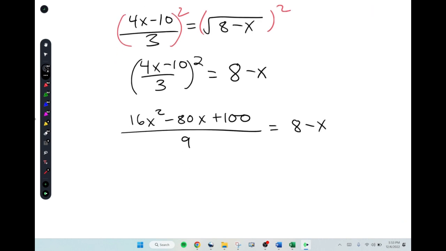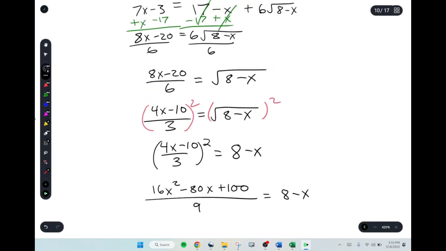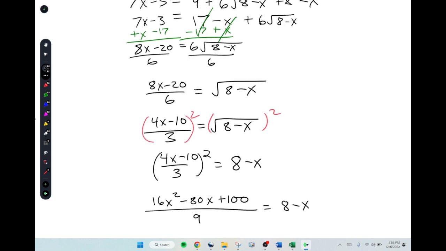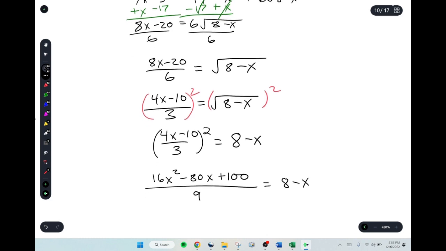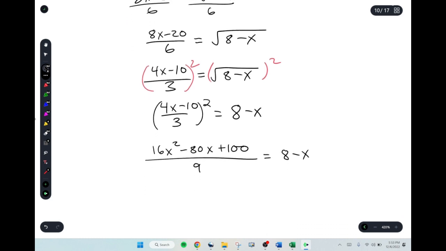What? Actually, that is a long problem. What did we do wrong? No, I did something messed up. No, I didn't do anything messed up. I just should have not made up terrible numbers.